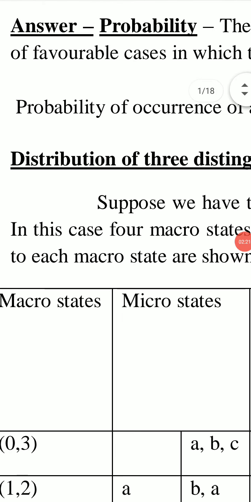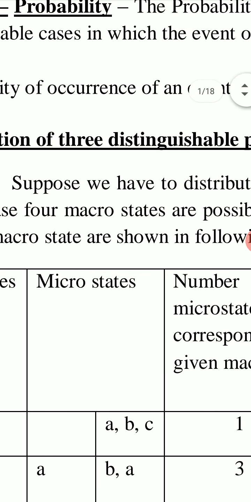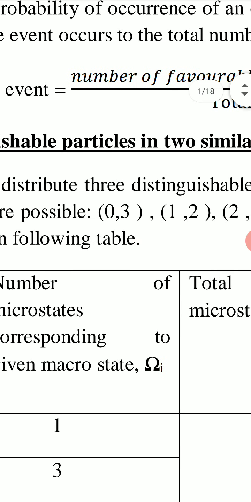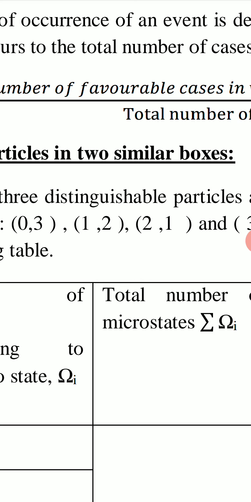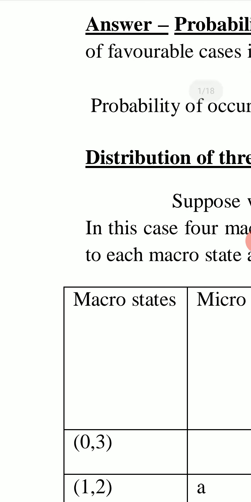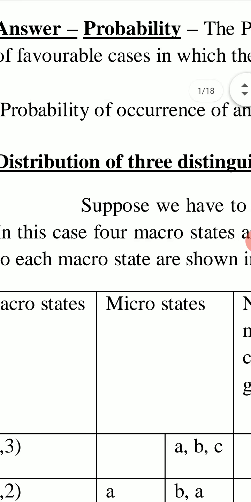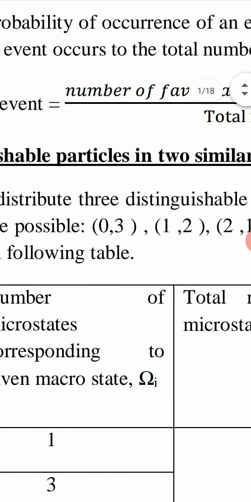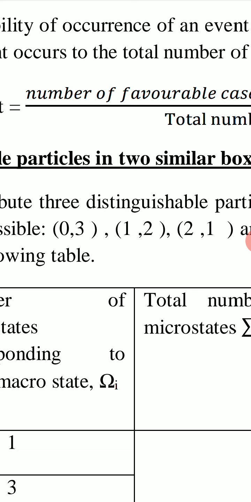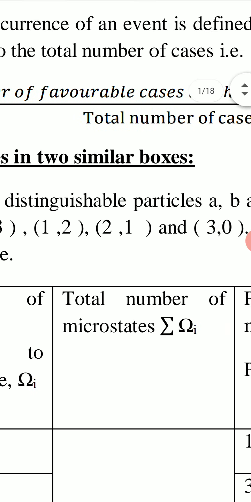Now we consider the distribution of 3 distinguishable particles in 2 similar boxes. There are 3 distinguishable particles and we want to distribute these particles in 2 similar boxes.